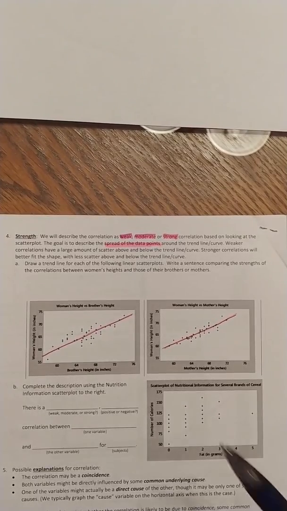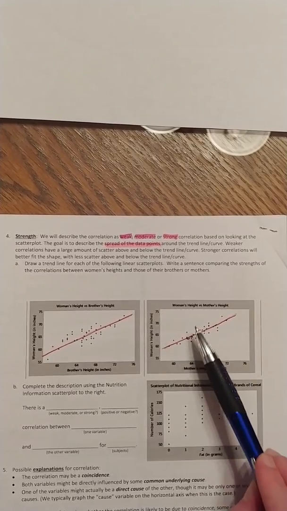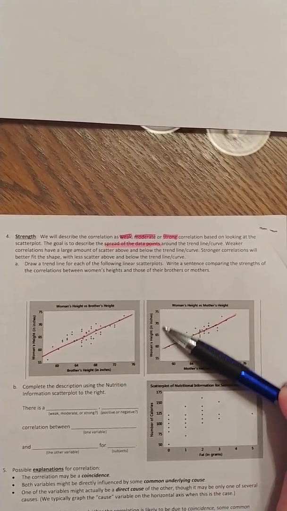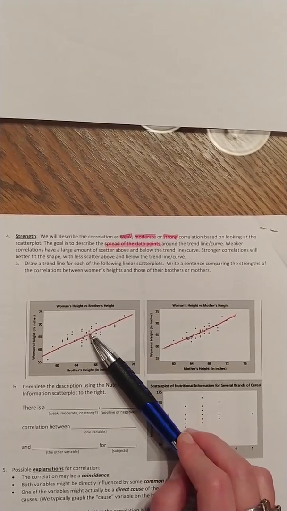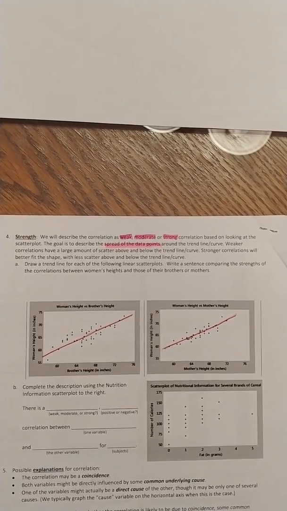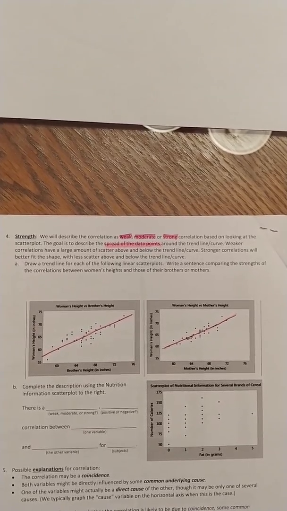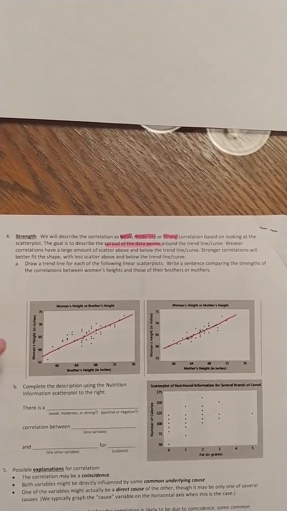We could definitely say that there is a stronger correlation between a woman's height and her mother's height than the woman's height and the brother's height. Of course, as always, data and graphs and studies are generalizations, which means they will not fit every case. But this is generalized overall.